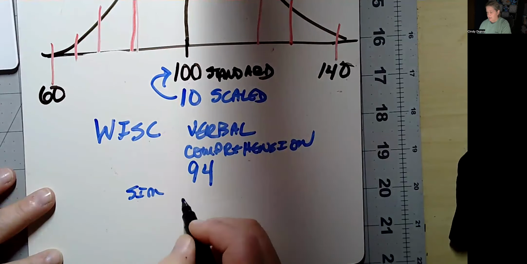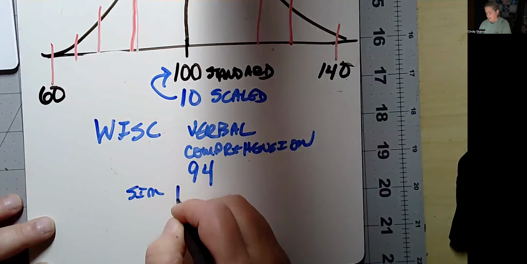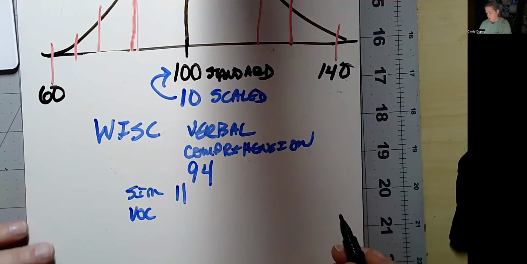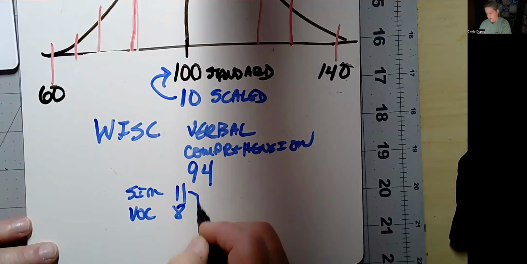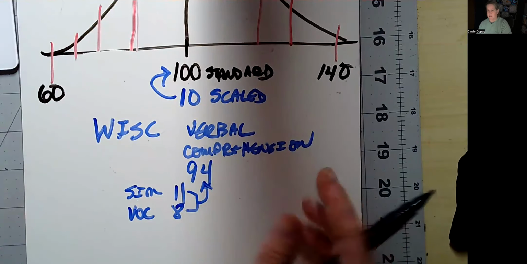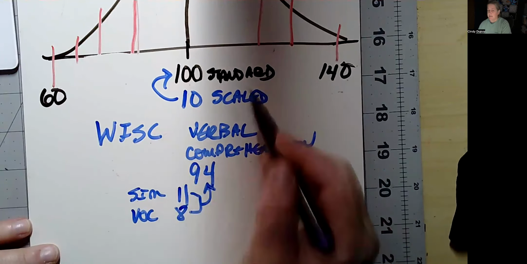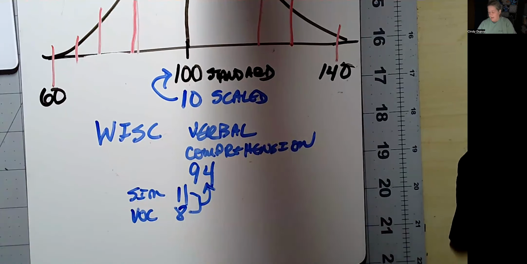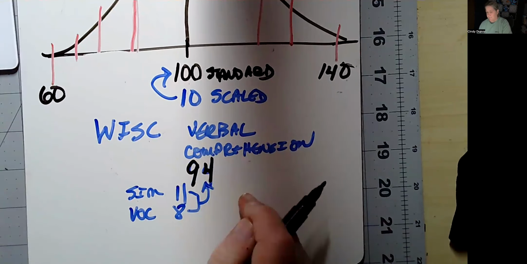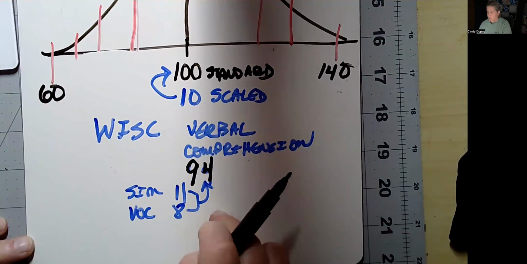One would be the similarities subtest, so your student could have scored, let's say, an 11 on it, and then a vocabulary test, and the student might have scored an 8. And when they average those together, that would give you that overall score. I've not looked that up exactly, so don't quote me that that's the conversion. But they would average those together to give you that standard score of 94 from the multiple scaled scores of the individual subtests.